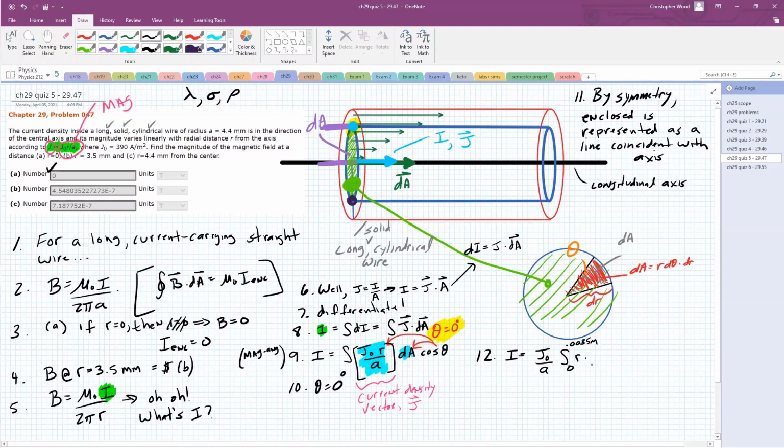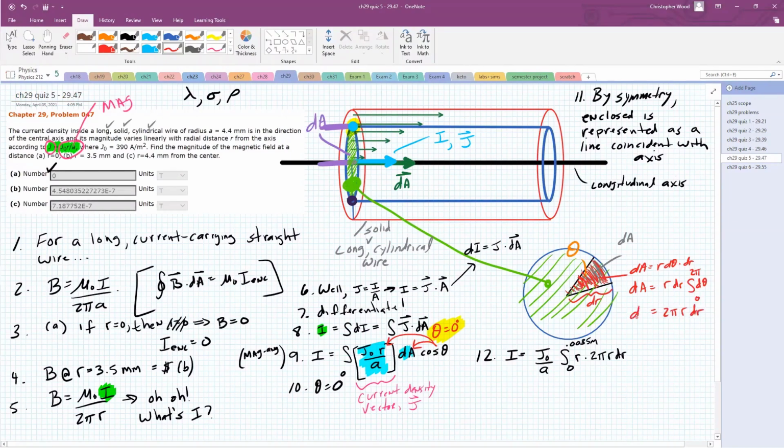And here's dA. dA would be 2 pi r dr, because I should finish up this sidebar here. So dA equals r dr integral of d theta from 0 to 2 pi equals 2 pi r dr.